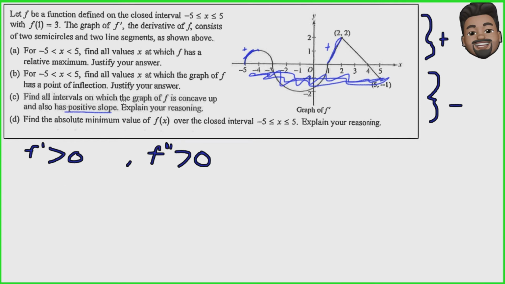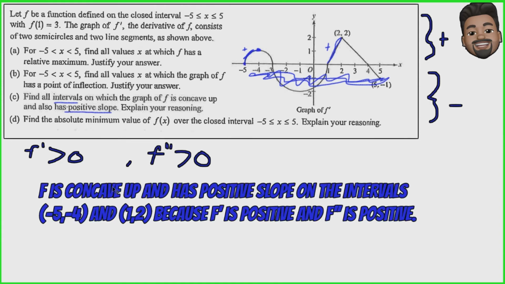It says find the intervals. They should be intervals. So I'm going to go ahead right here and write down that f is concave up and has positive slope on the intervals -5 to -4 and 1 to 2, because f prime is positive and f double prime is positive, right? They're both positive. They completed the requirement and we're good to go.